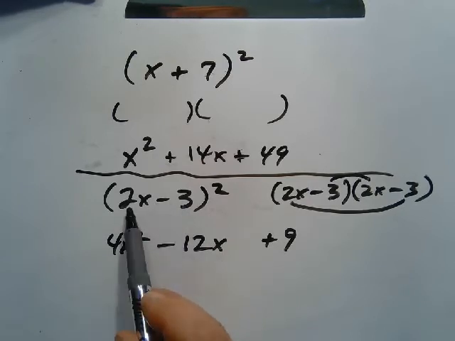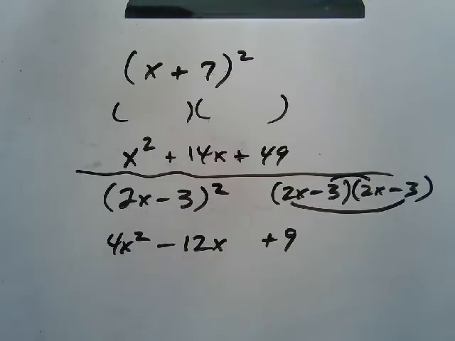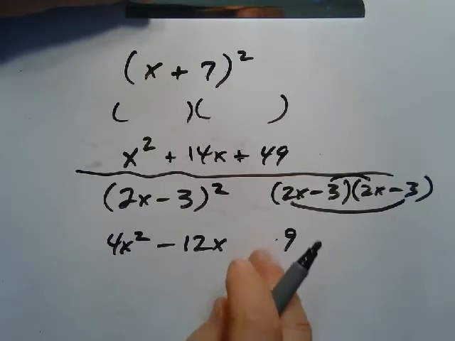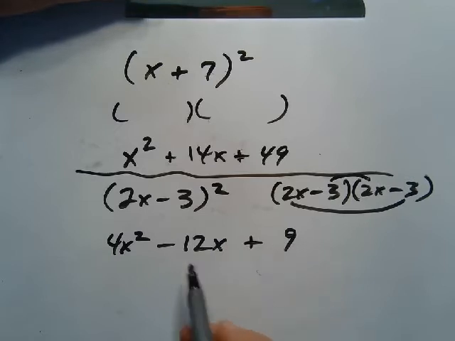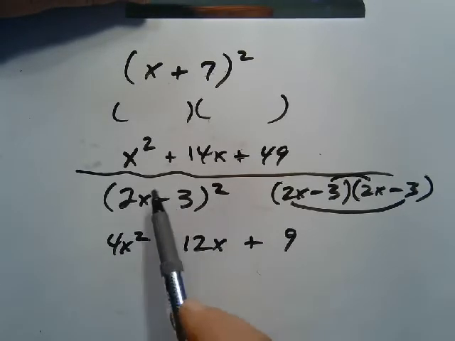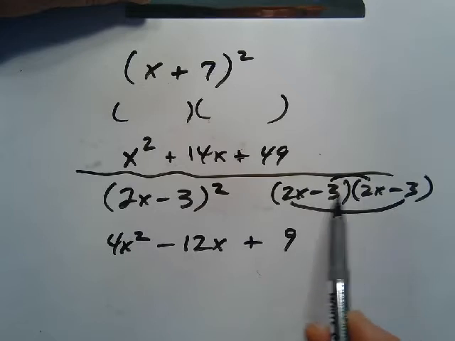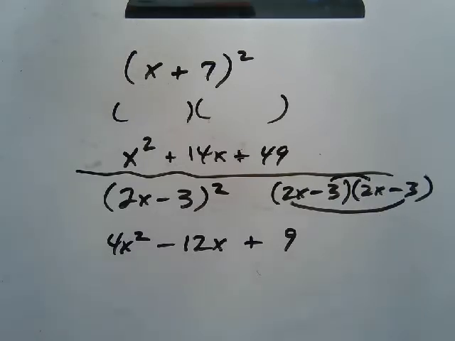Negative 3 times 2x is a negative 6x, doubled is a negative 12x. Now that's the way to kind of do it in your head. Again, until you get that figured out, just keep writing it out like this until you can figure out how to do those in your head. The shortcut is not a requirement.